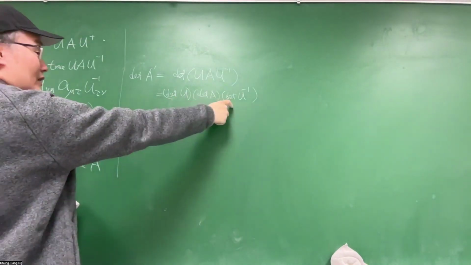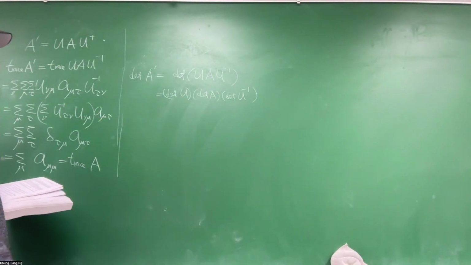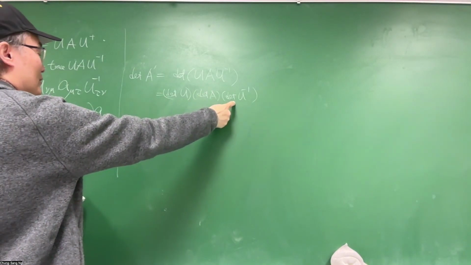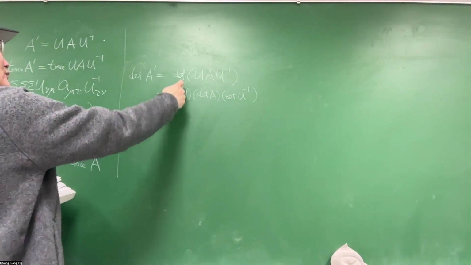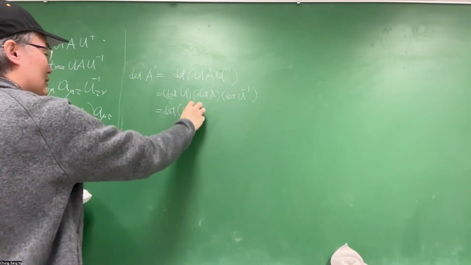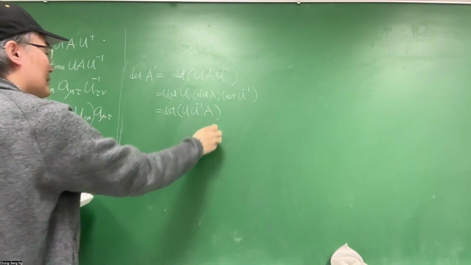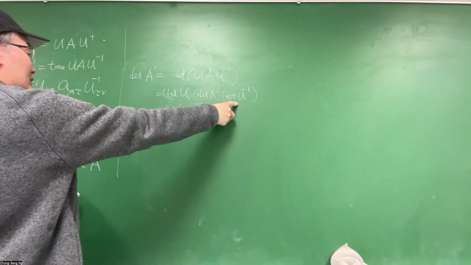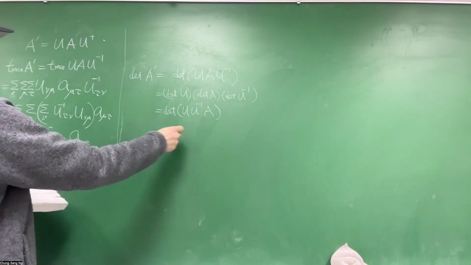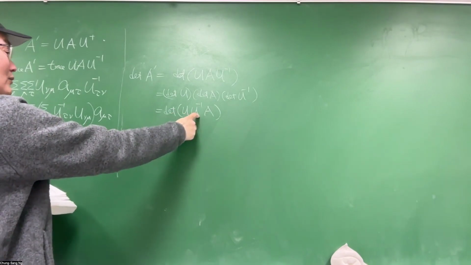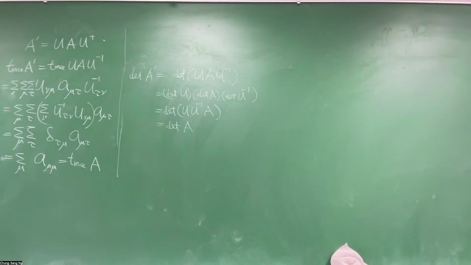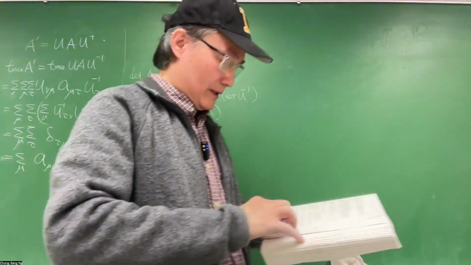But after you take the determinant, these are just numbers, so the order doesn't matter. You can group these two together first and do the same thing backward. So this equals the determinant of U inverse U A. Going back one step, U inverse U is just the identity matrix, which leaves the determinant of A. So the determinant is also invariant.